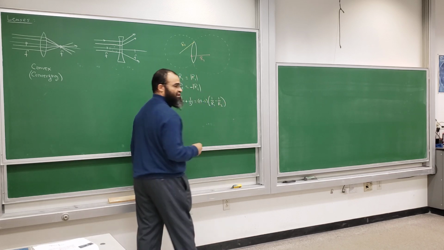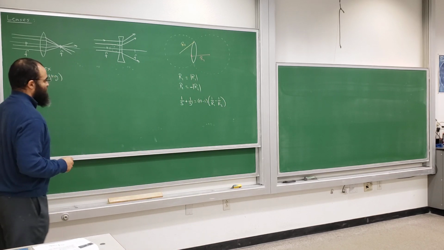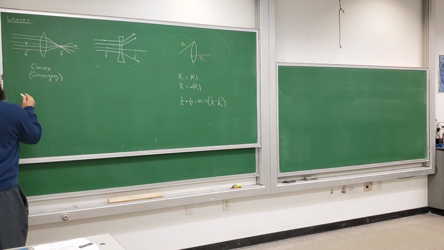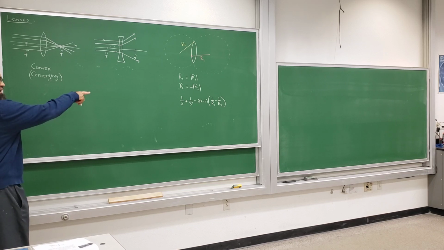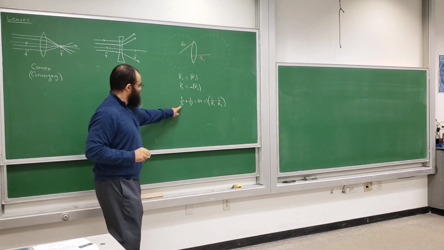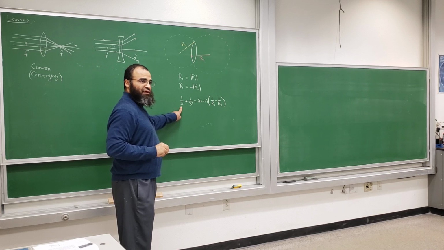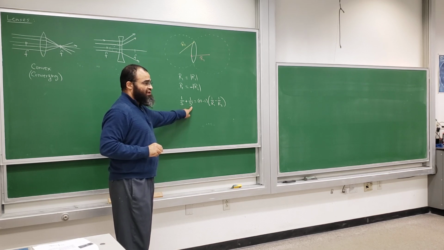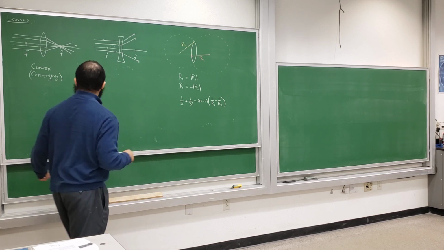Okay? This is from last time. So today I want to get a similar equation, but relate the focal point to S and S prime. S is the object distance, and S prime is the image distance.